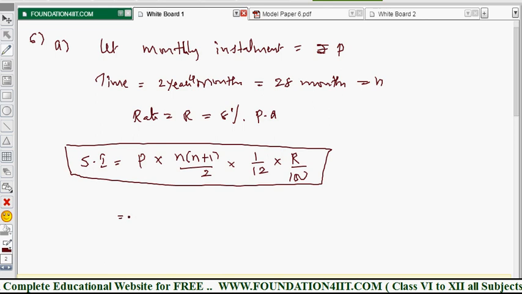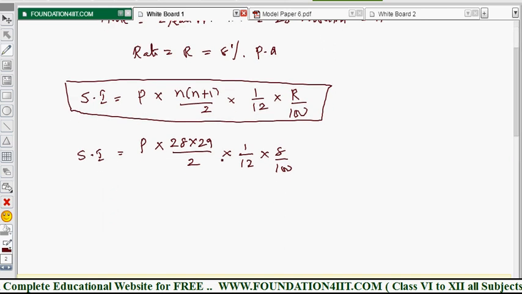Then maturity value is equal to simple interest plus the total investment. Here P is P itself, we don't know the value of P. Then n into n plus 1, so 28 into 29 by 2 into 1 by 12 into R by 100.